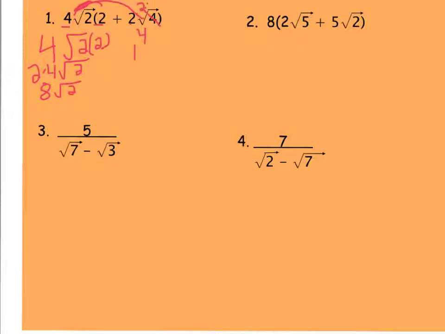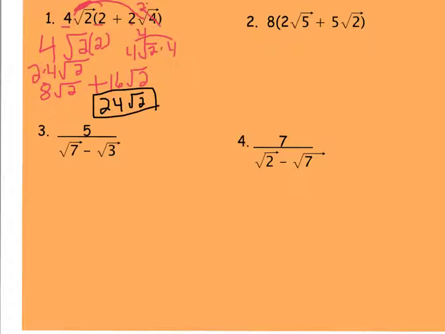The two 4s will multiply each other, and I get 16 square root 2. Okay, 4 times 4 is 16, square root 2 stays. Can I add these together? Well, yes, I can. 8 square root 2 plus 16 square root 2 is 24 square root 2.